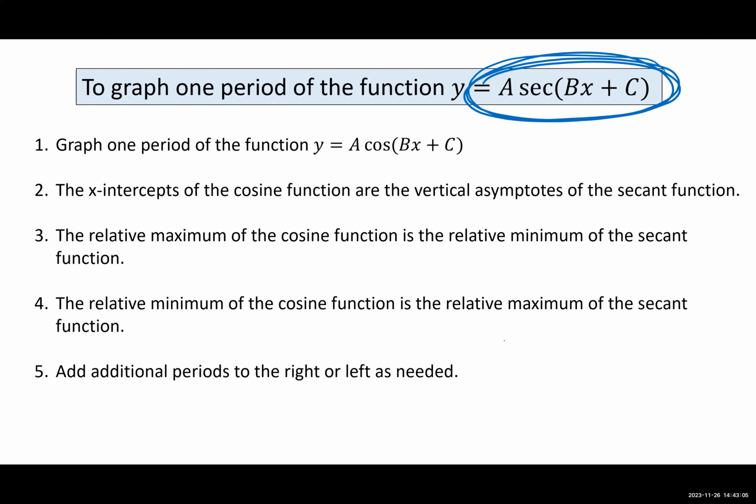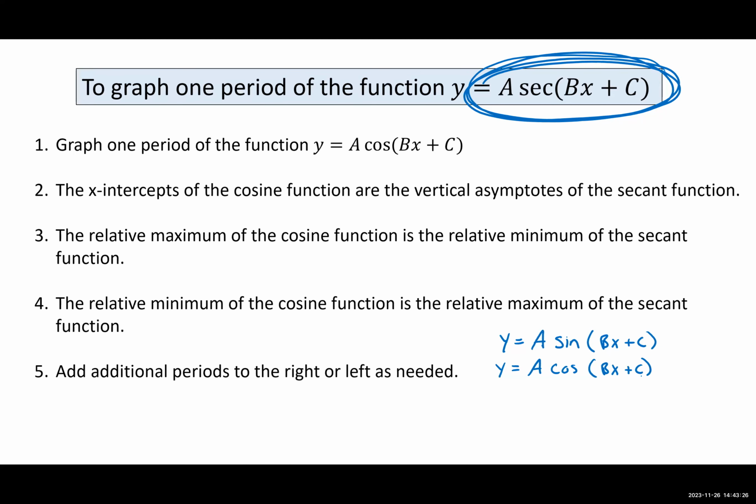of these functions. So we started off, this is a couple of videos back, we started off talking about graphing a times the sine of bx plus c. And in that same video, we talked about the graph of a times the cosine of bx plus c.